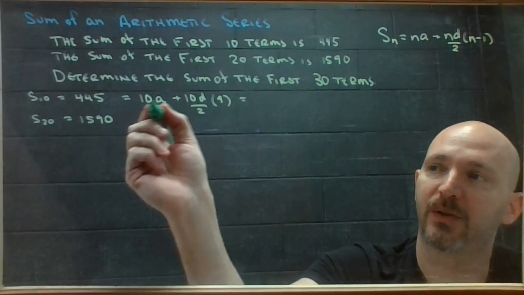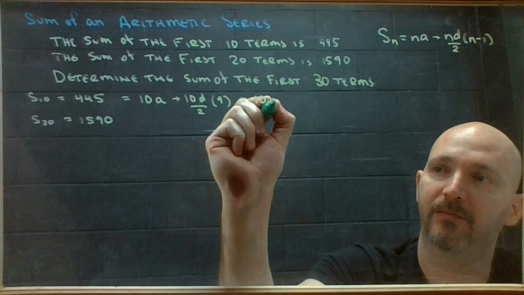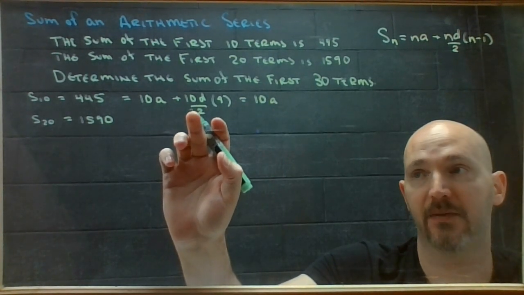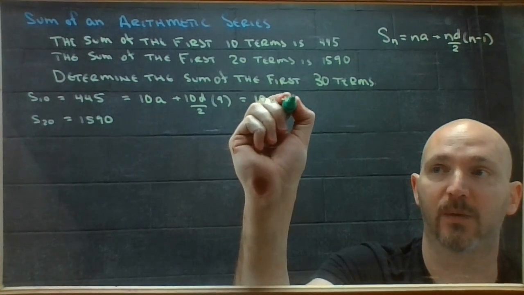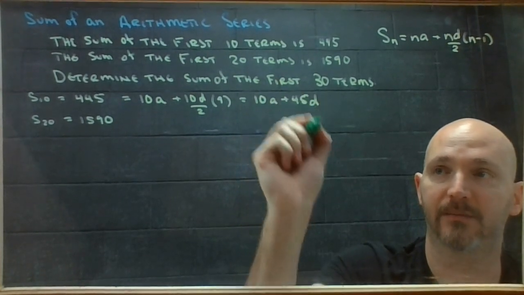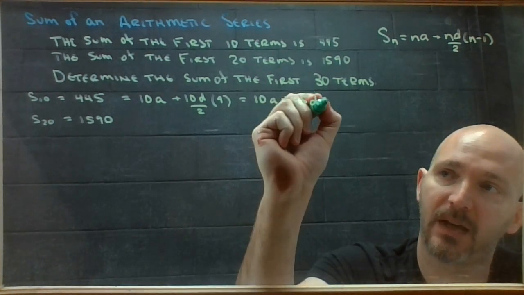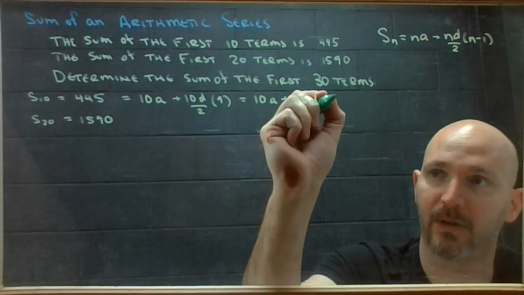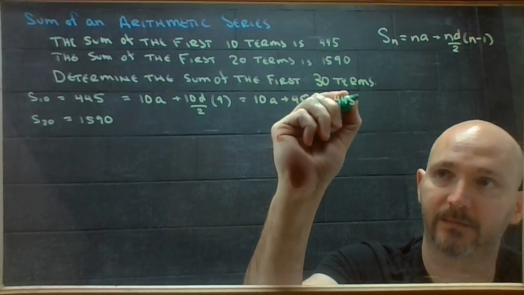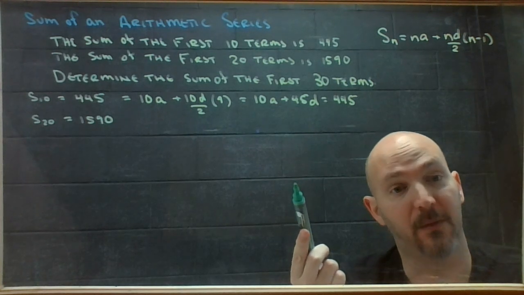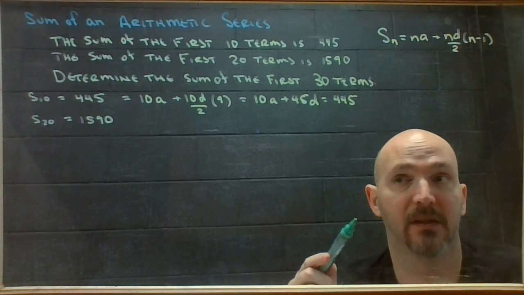So that's going to shorten up to 10a. 10 divided by 2 is 5, and 5 times 9 is 45d. And just to remind everyone, that thing was equal to 445. Now that equation doesn't help you because it has two variables in it. It's not actually solvable.